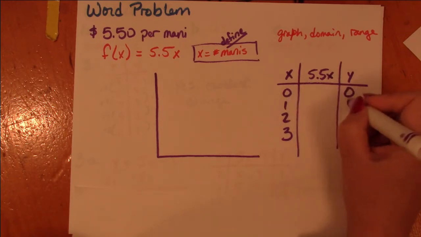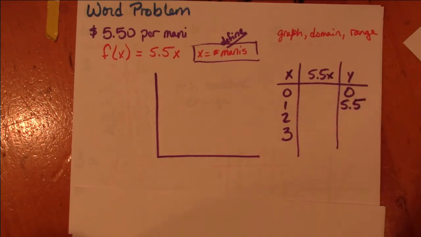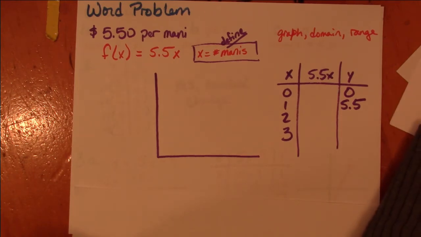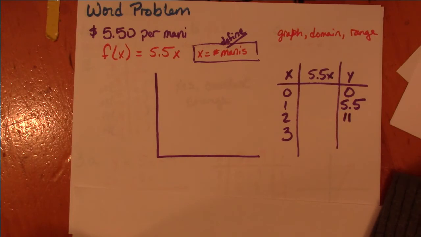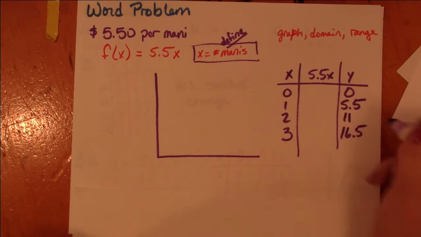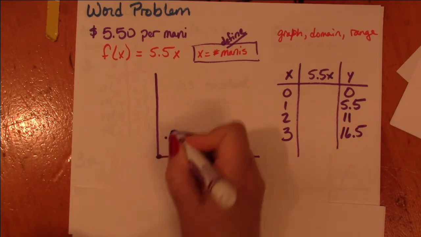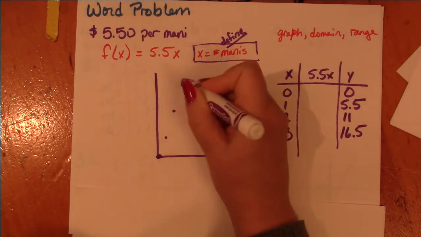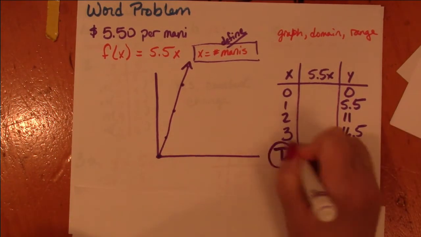If I don't make any money, I don't have any money. 5.5, 2 is going to be 11, 3 is going to be 16.5. So I'm going to start here and I'm going to go up like this. And that's my graph. What's my domain? Here's my domain, here's my range.